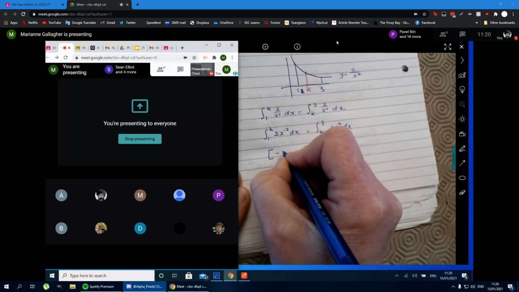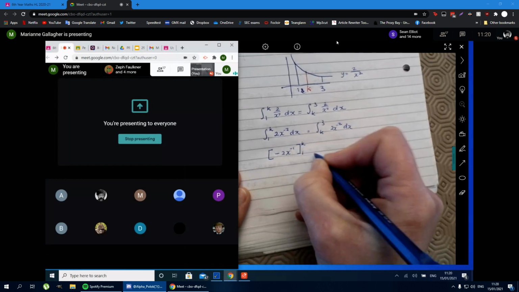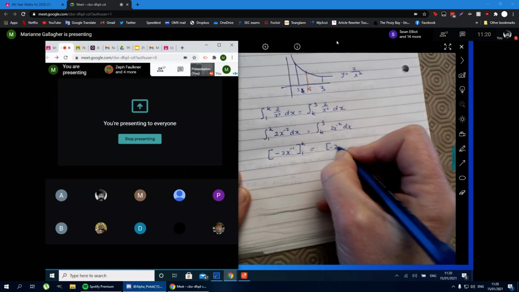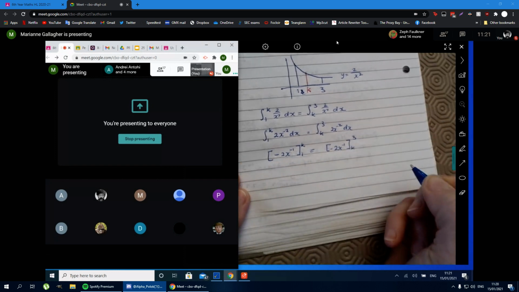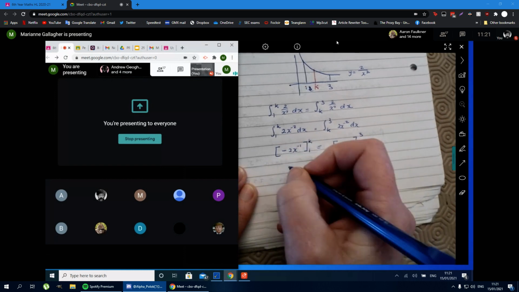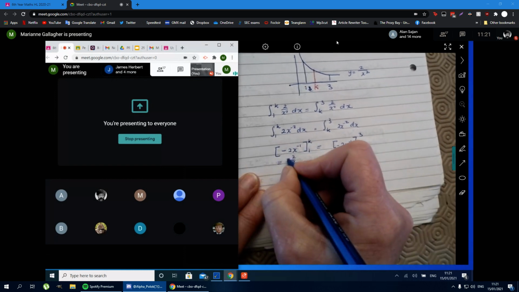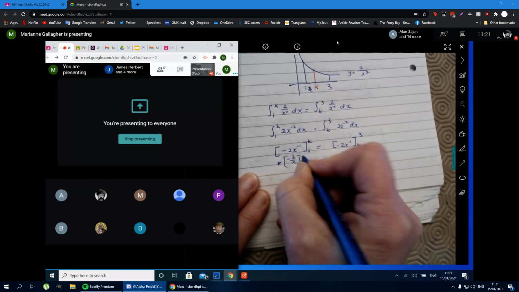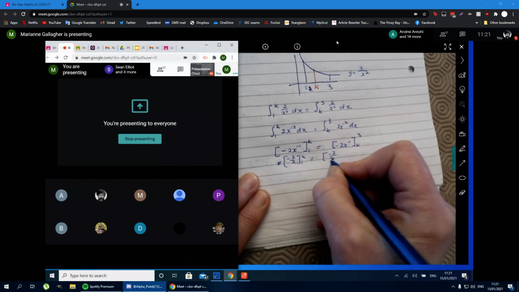So it's minus 2x to the minus 1, starting at 1, ending at k. On this side, I have the exact same thing, but starting at k, ending at 3. I'm going to have to sub in k for x here. And it might be easier to write it as minus 2 over x, just to save having to write the minus 1.